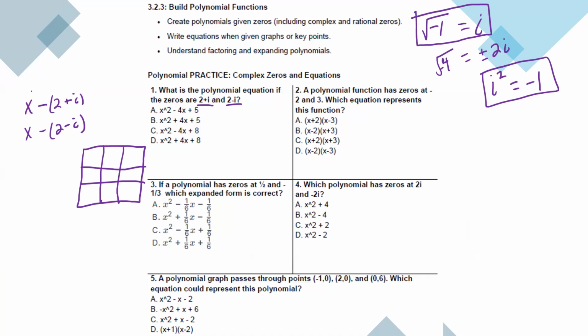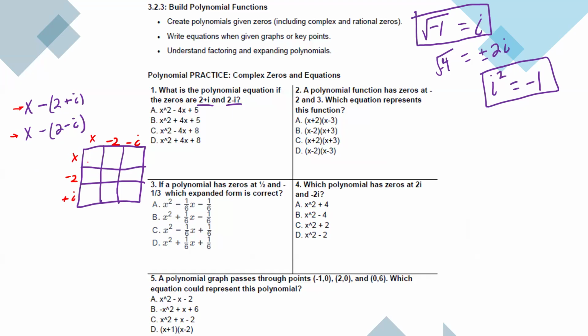My first is going to be x minus 2 minus i. Then my side is going to be x minus 2 plus i. All right. And all you're doing is multiplying.